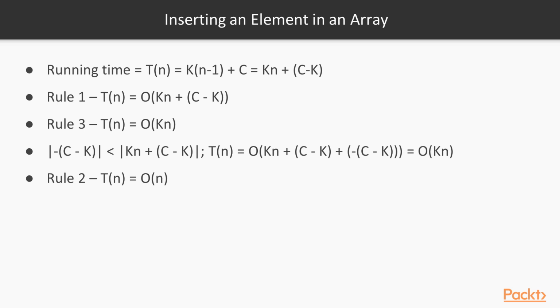Therefore, as per Rule 3, since T(n) equals O(Kn + C - K), it means T(n) is O(Kn + C - K + (-C - K)). That is, T(n) is O(Kn). And finally, as per Rule 2, T(n) equals O(n). Now, since the array is the major input in the algorithm, the size of the input is represented by n. So we will say the running time of the algorithm is O(n), where n is the size of the input.